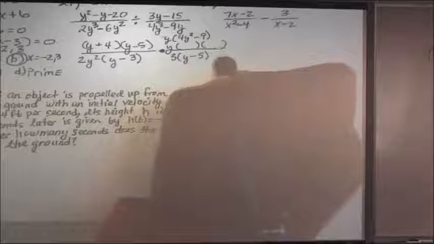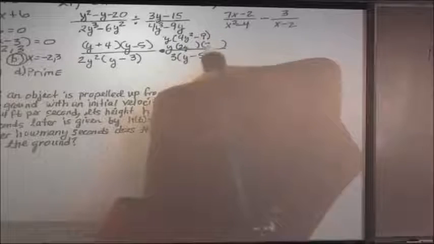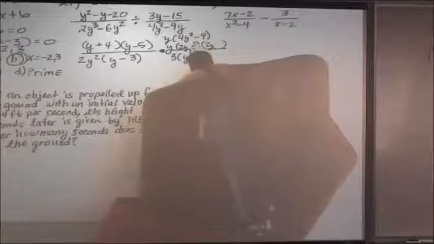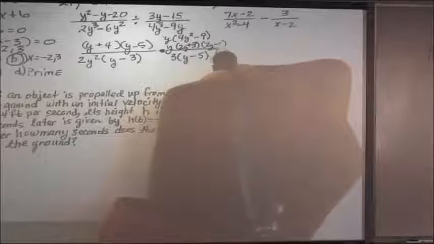Is everybody all right? Then I can factor this thing right here, can't I? Make sure you keep the y there. And this breaks down into 2y and 2y. What else? Positive 3 and a negative 3.